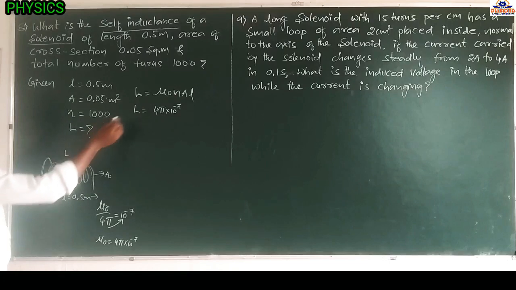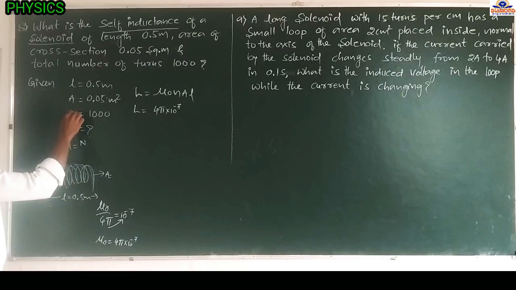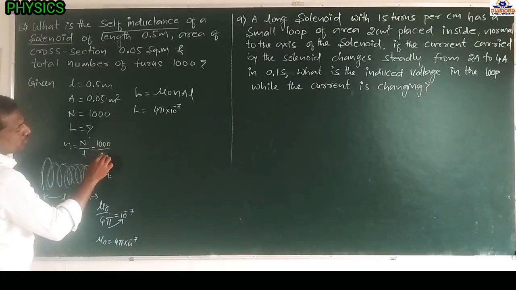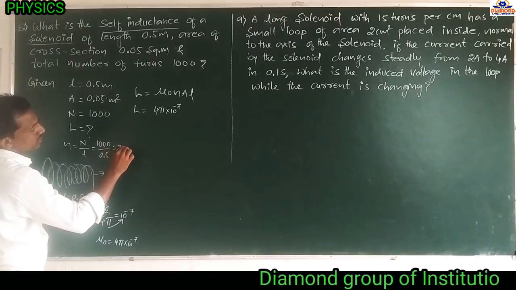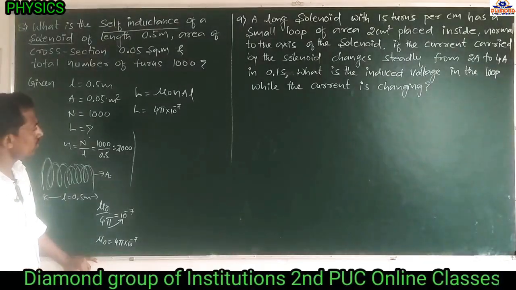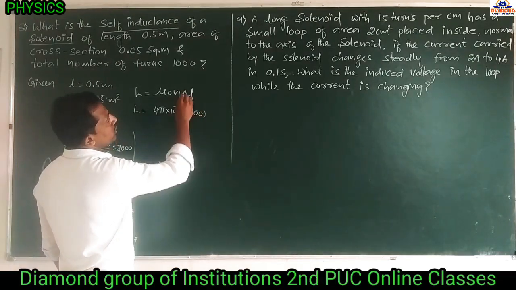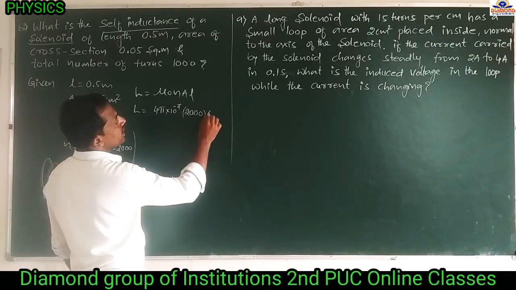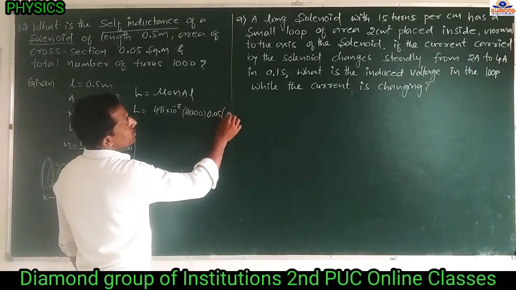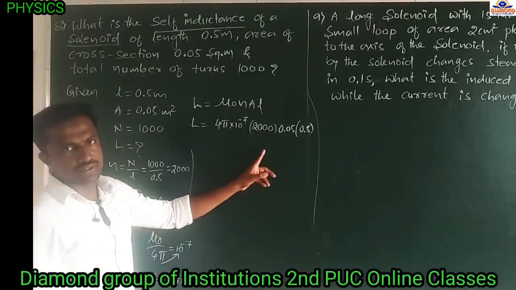We are writing number of turns per unit length, small n equals to capital N by L, 1000 divided by 0.5 means its value is 2000. Then we are writing 2000 into area, what is the value of area? 0.05. What is the length value? 0.5. We substitute these values.